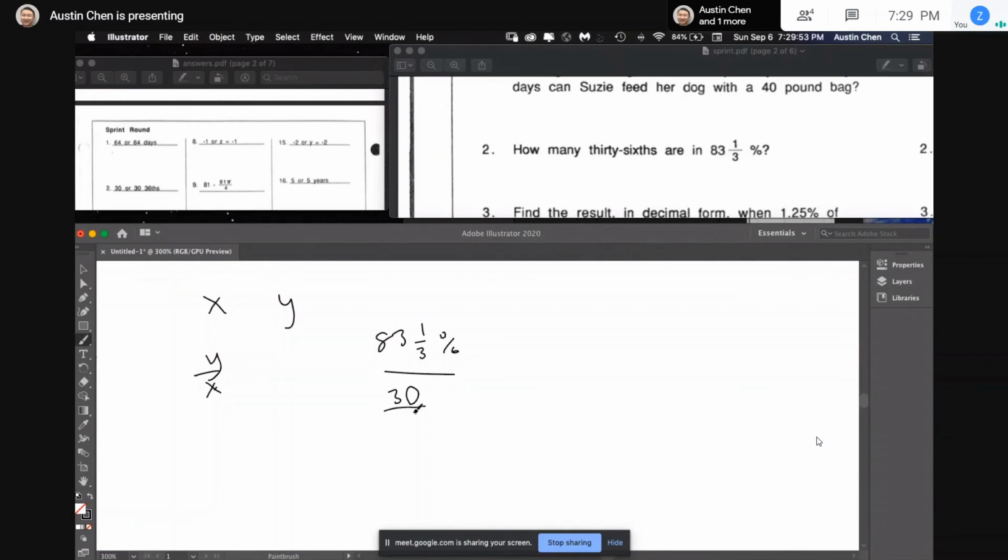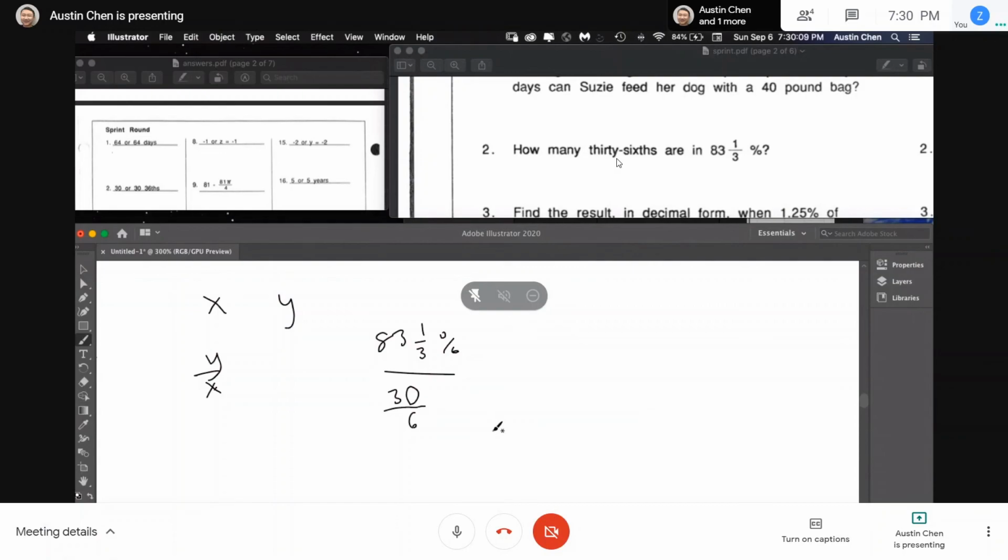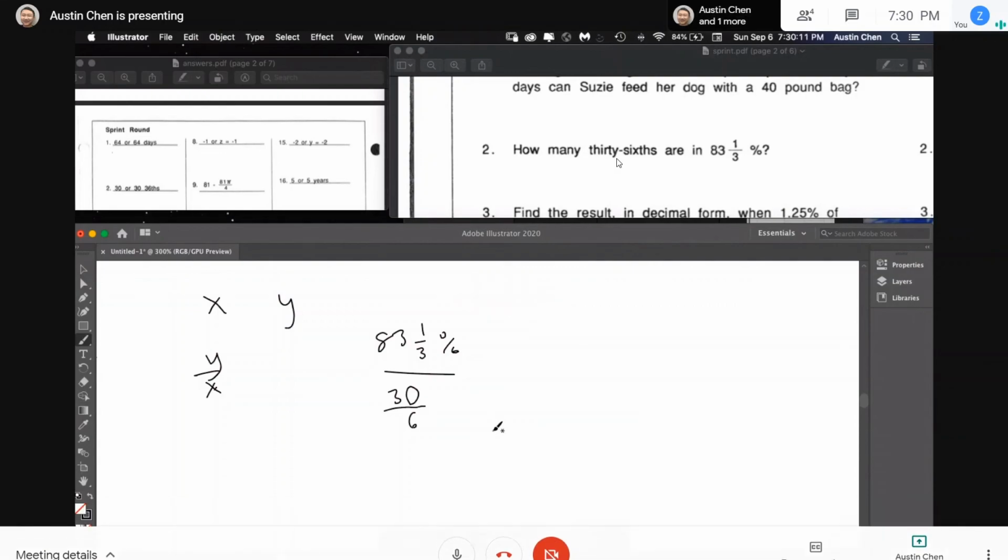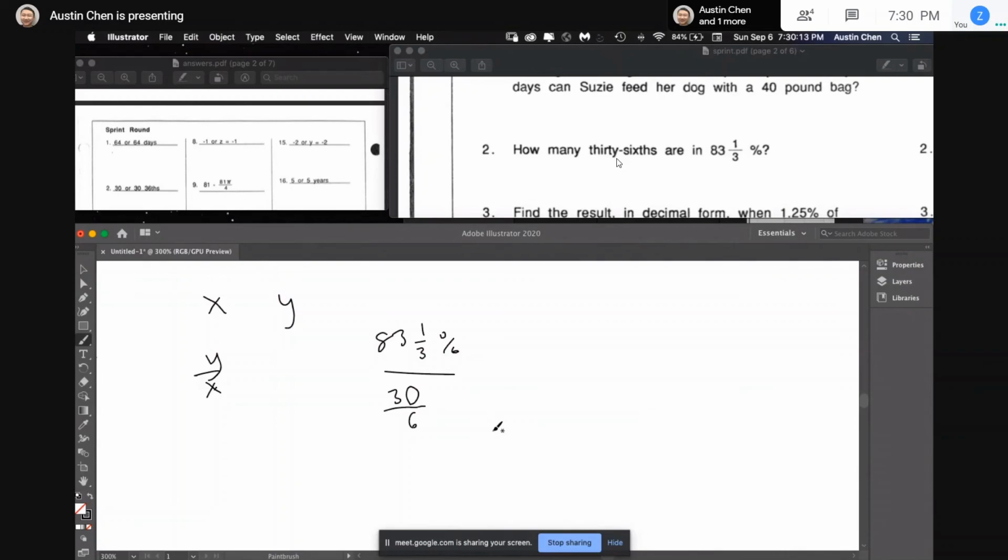Is that right? I don't think so. If it's asking for 36, there wouldn't be a hyphen between the 30 and the 6. So I'm thinking they're asking about how many 1/36 are in that.